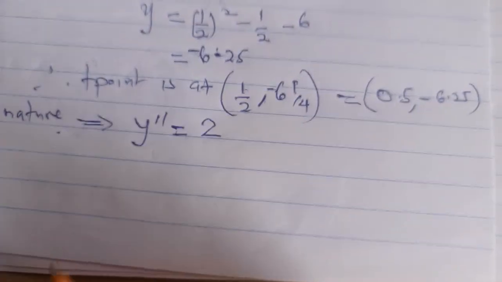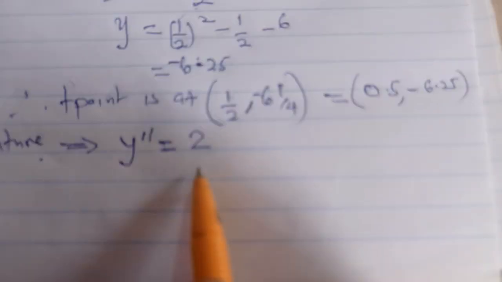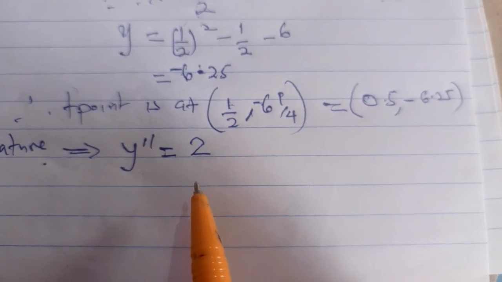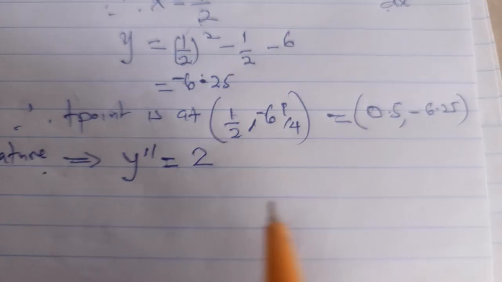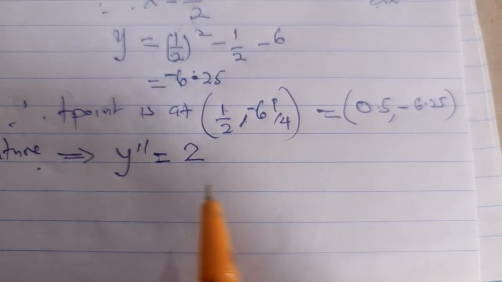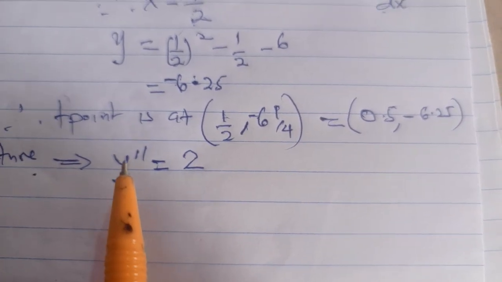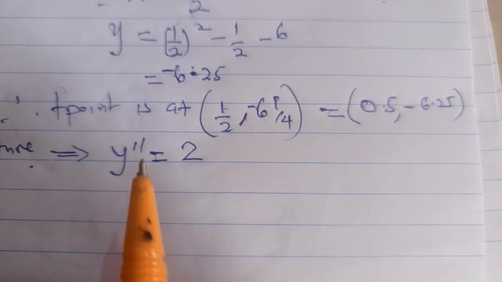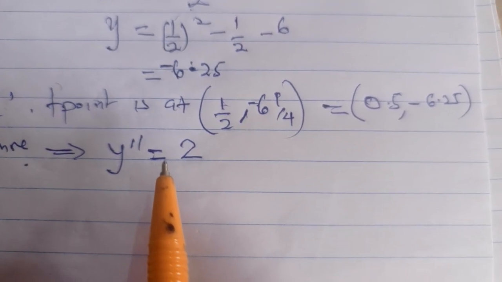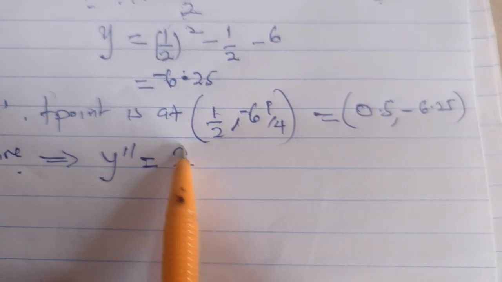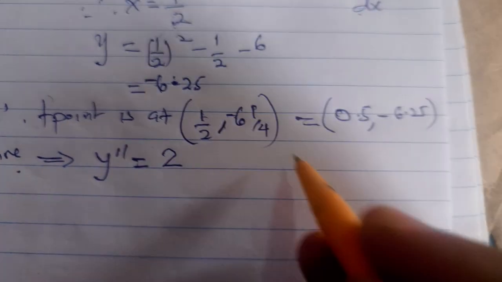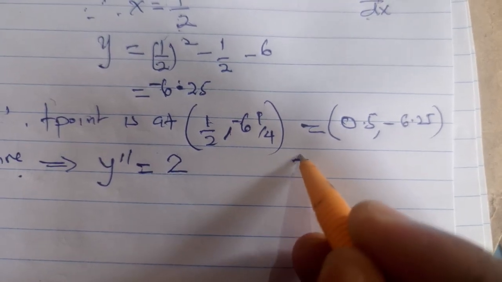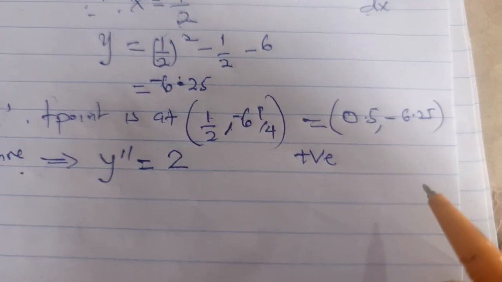So after finding the second derivative, the next question you ask yourself is, is it positive or negative? Now, the interest here is not the value. The interest here in determining the nature is the positivity or the negativity of the second derivative. So even before we conclude, if the second derivative is positive, it doesn't matter the value.